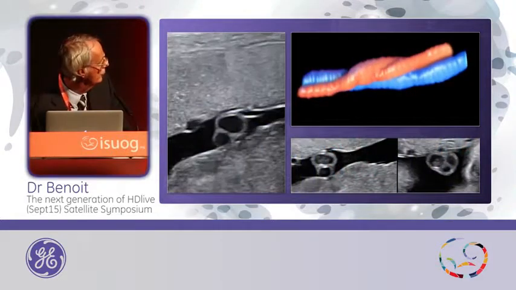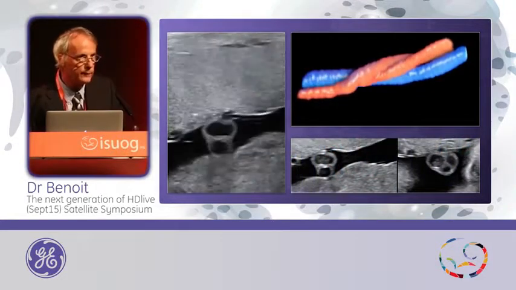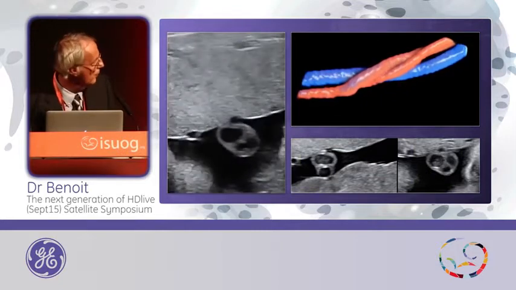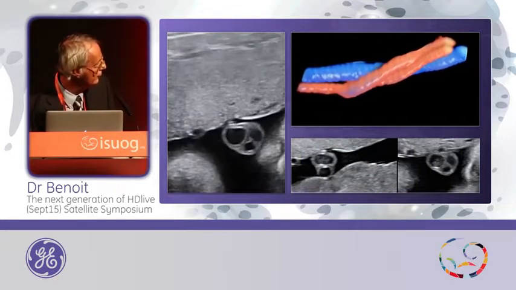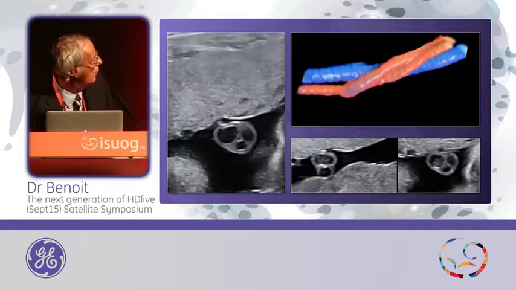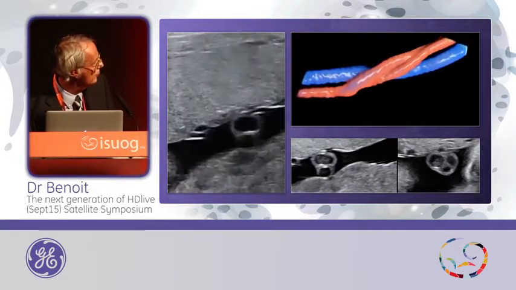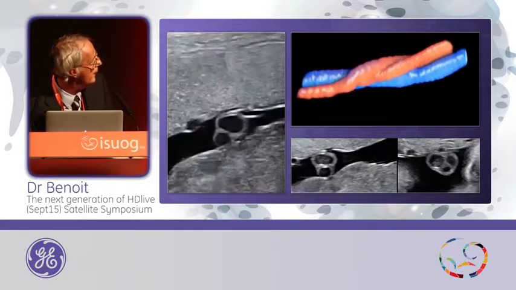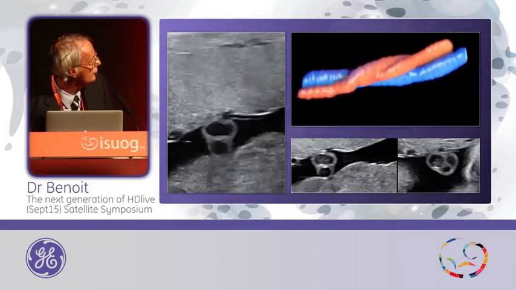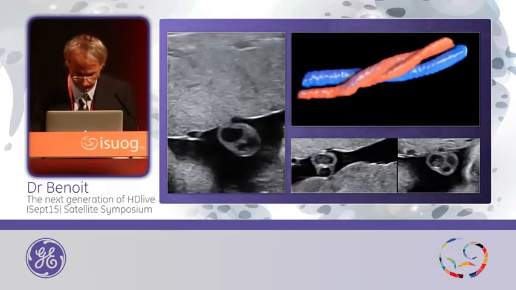It was a single umbilical artery, but only on one part of the umbilical cord. You can see here a single umbilical artery, and on the other part, you have two umbilical arteries, and this is a fusion of the two arteries into one.